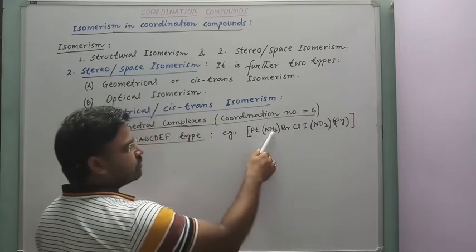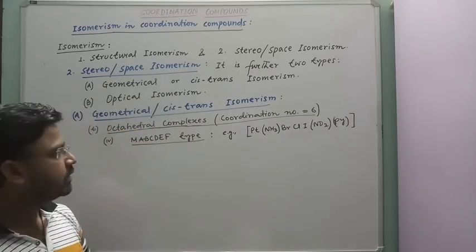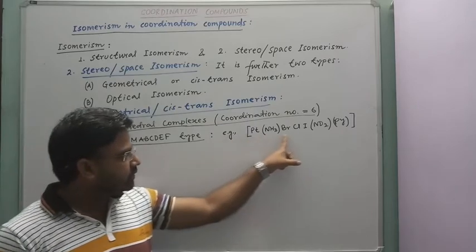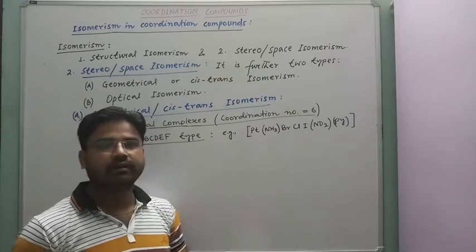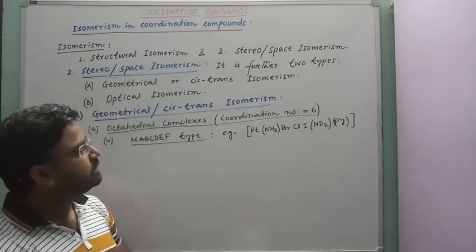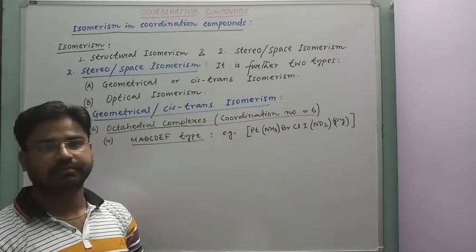So this compound contains 6 different isomers. The octahedral complex, which contains 6 different monodentate ligands, can give 15 different isomers.